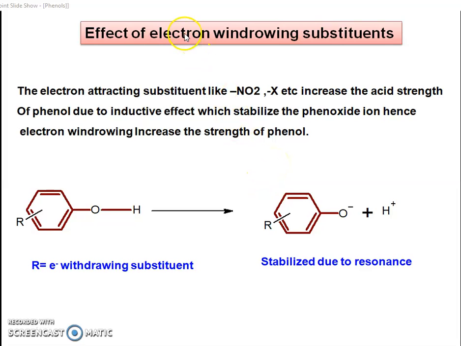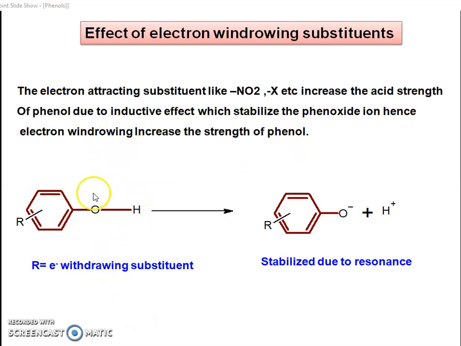The next point: effect of electron withdrawing substituents. Electron withdrawing groups or substituents like the nitro group and halogens increase the acidic strength of the phenol due to the inductive effect, which stabilizes the phenoxide ion. Hence, electron withdrawing groups increase the acidity of phenol.